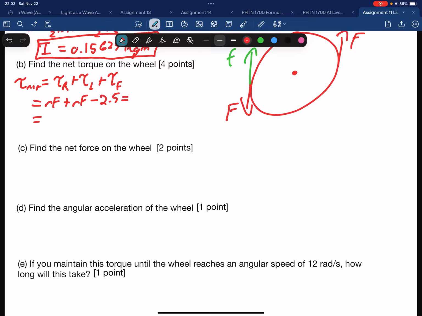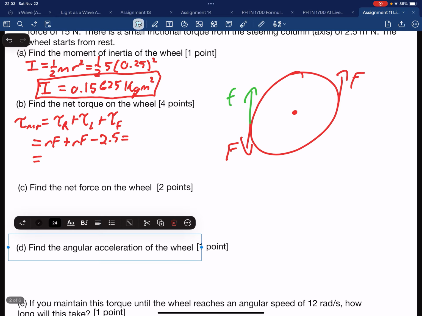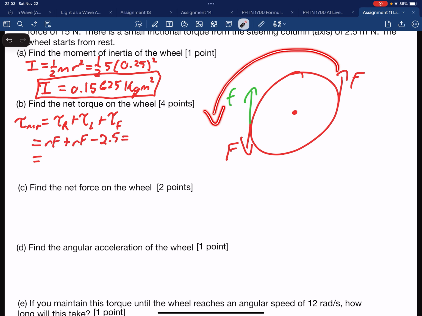The reason friction is negative and the torques from both your hands are positive is because your hands are both generating a torque that is counterclockwise, which we defined as positive in class, and friction generates a torque that is clockwise, which we defined as negative in class.